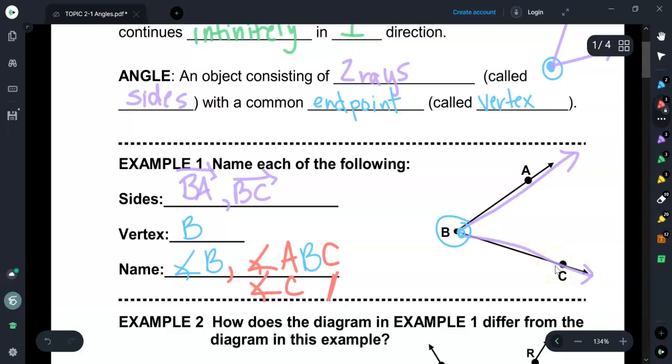I can flip the C and the A as long as your vertex is in the middle. I can call this angle CBA. So those are the two ways that you can name an angle. You can use the single letter with the vertex only, or you can use the three-letter one. We have to use the three-letter one in certain situations, and you'll see those come up later.